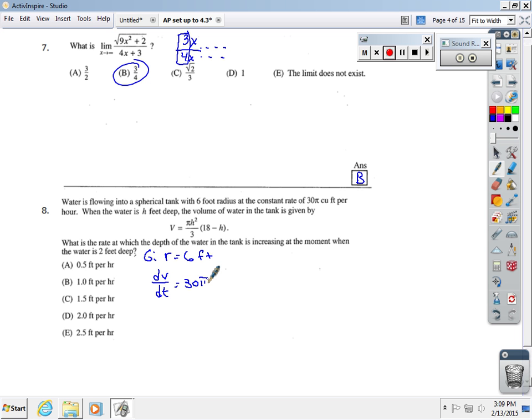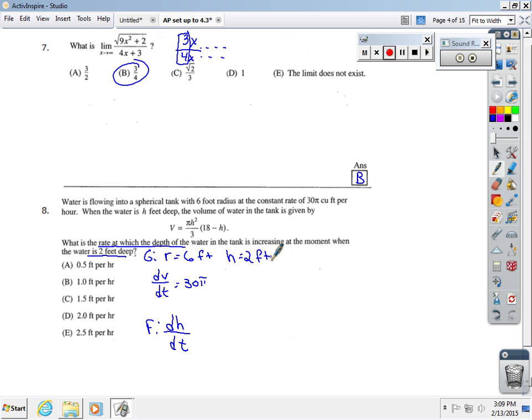When the water is h feet deep, the volume is given by that function. They want us to find the rate at which the depth is changing, so that's the change in height over time, at the moment when the water is 2 feet deep, so when the height is equal to 2 feet, which is also given to us.